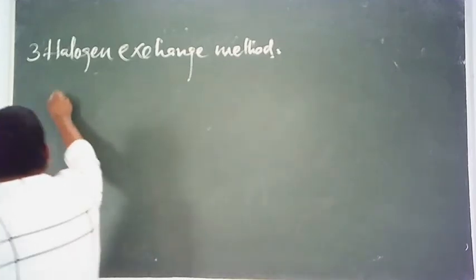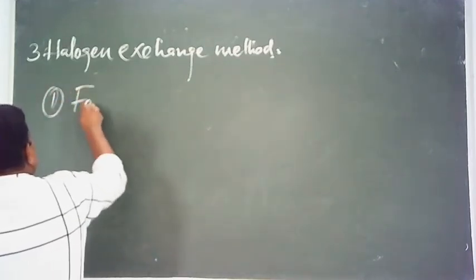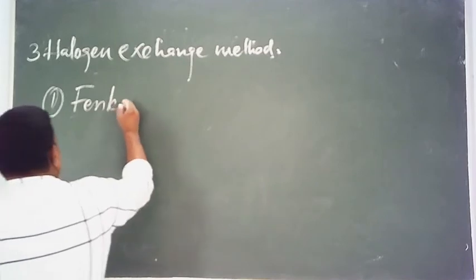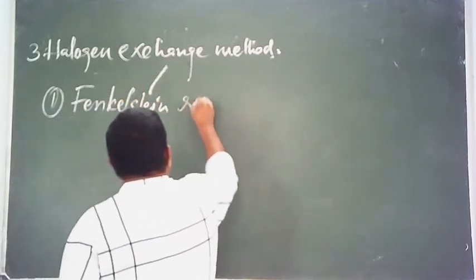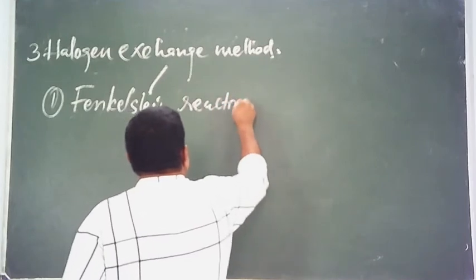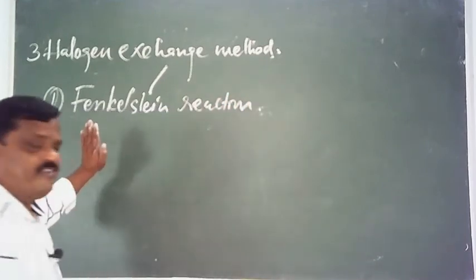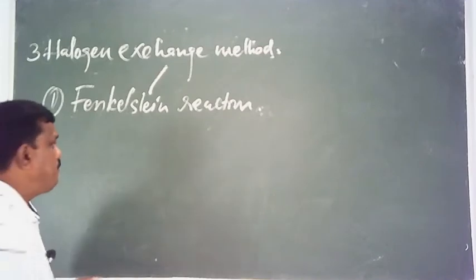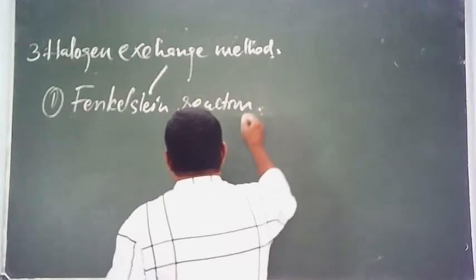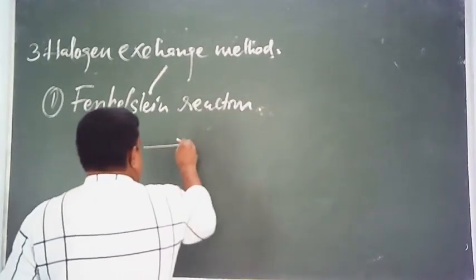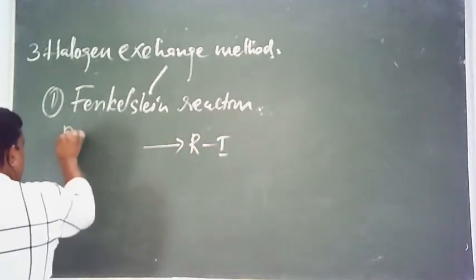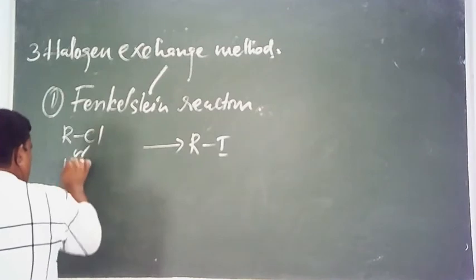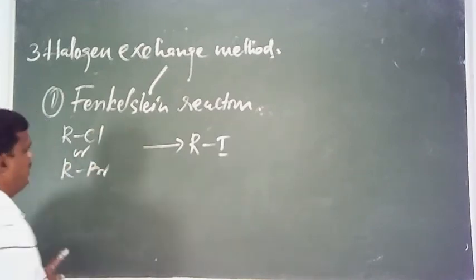Okay, first one is Finkelstein reaction. Actually, Finkelstein reaction is used to prepare alkyl iodides, RI, from alkyl chlorides or even from alkyl bromides.